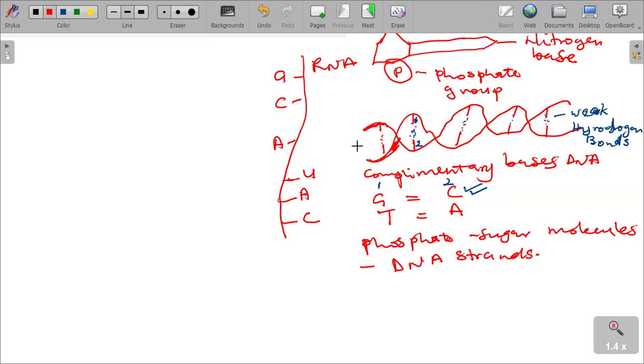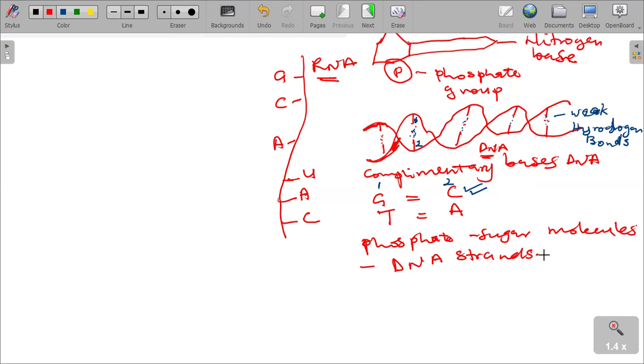And then you can see this is a DNA structure here, and this is an RNA structure, which is a single strand, and that one is a double strand.